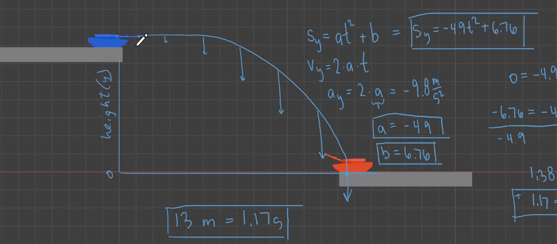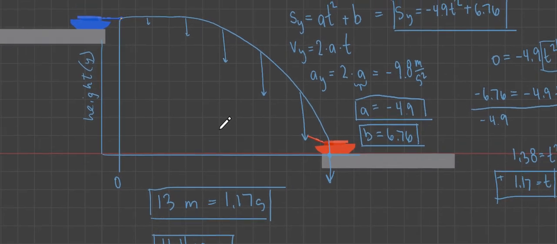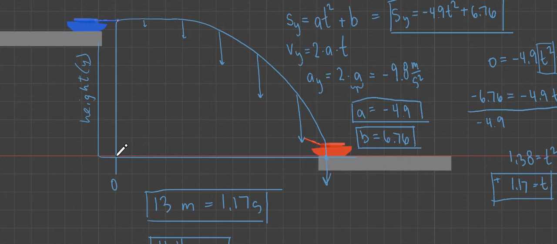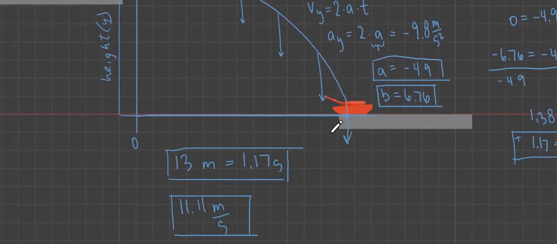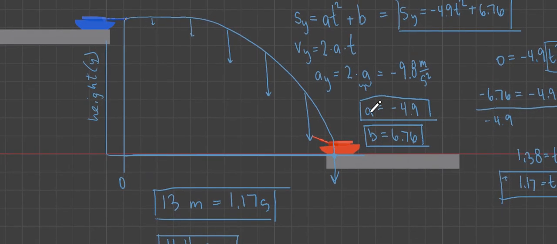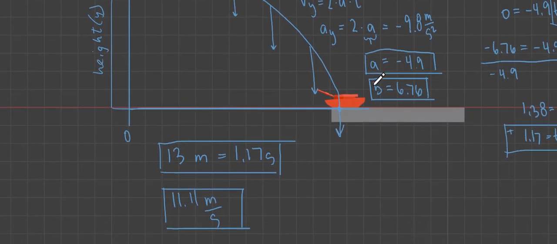So if it starts at, and I know this is a little bit wrong, this is actually time 0 here. So from time 0 to time 1.17 seconds was 13 meters. So in order for the projectile to have made it to the target, it would have had to have been traveling at this speed or this velocity.